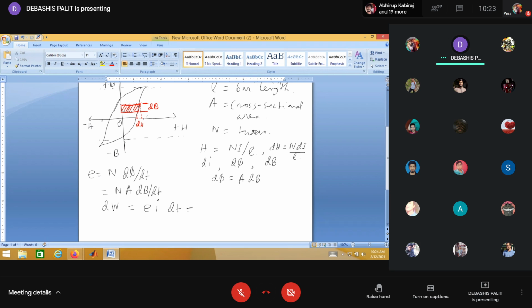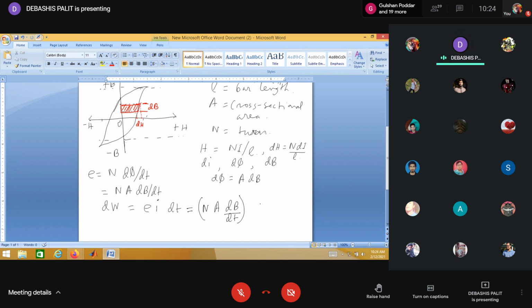That energy is manifested in terms of work done. According to Lenz's law, the cause is the change in current. So the induced EMF that is created is due to the change in flux linkage, which will be equal to NA dB by dt.